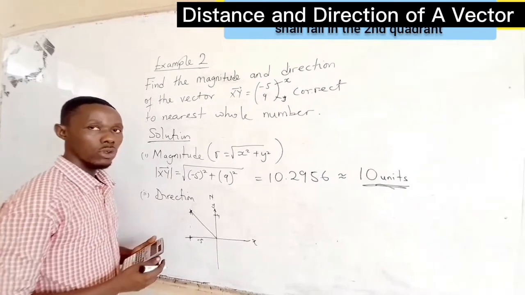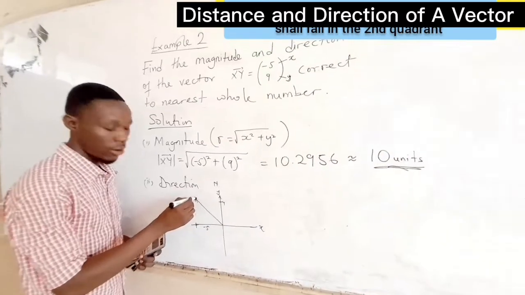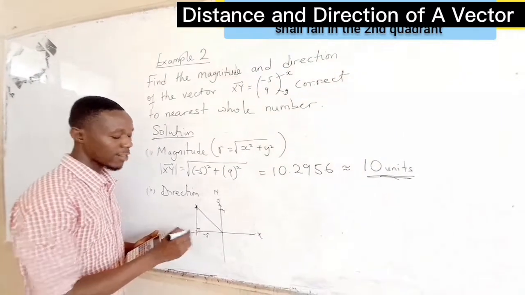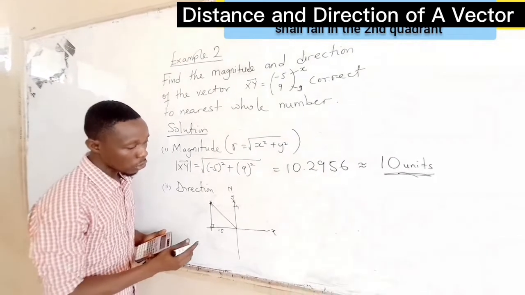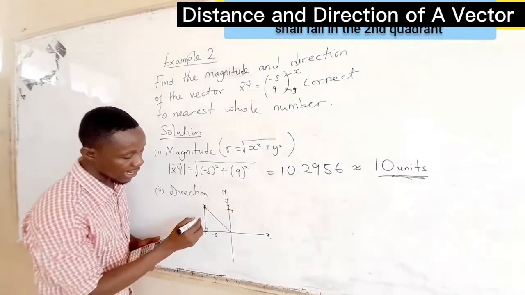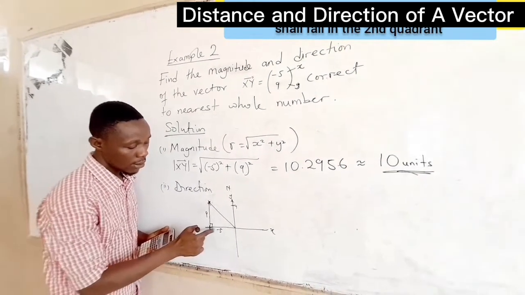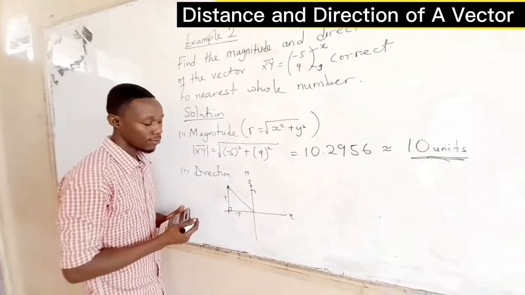Always note, we draw a right angle triangle in line with the x-axis. So here becomes our 90 degrees. Note, from here to here is 9. Therefore, I can say here is also 9. Here to here is -5.